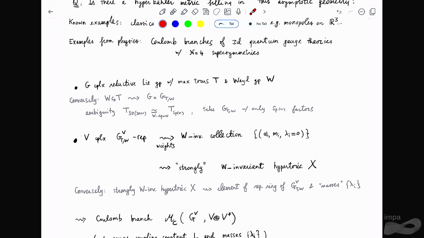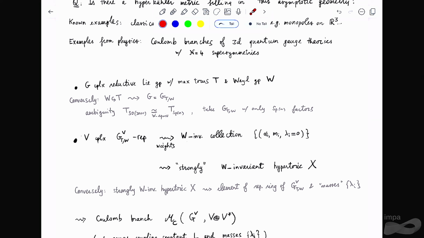With some multiplicities, we know that if I take all parameters lambda_i equal to 0, then that gives me a hypertoric variety that is W-invariant, that is, invariant under this W action, in such a way that the complex moment map is W-equivariant.